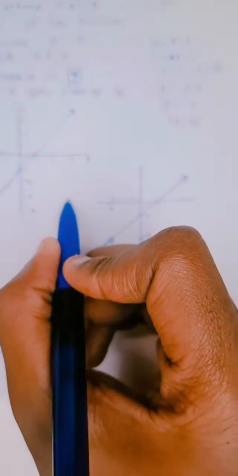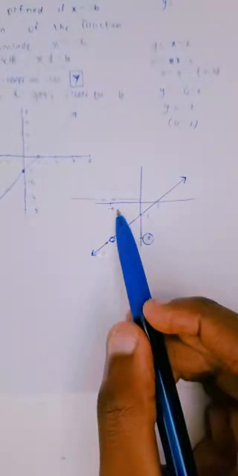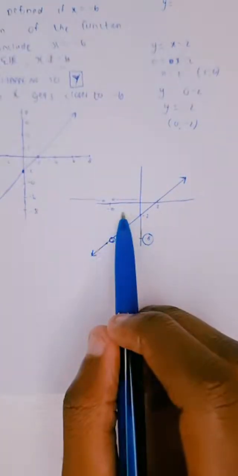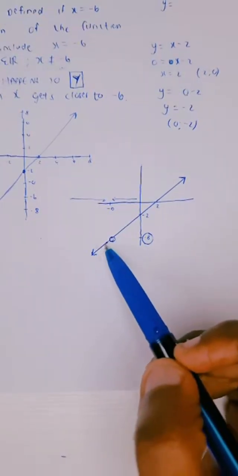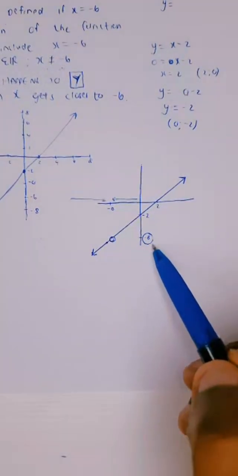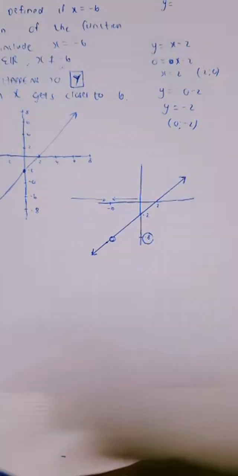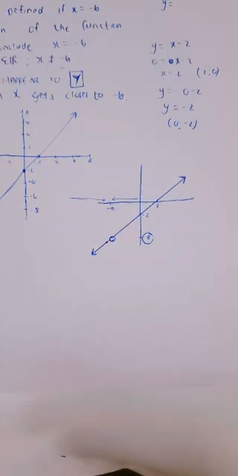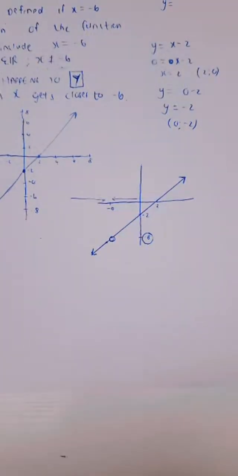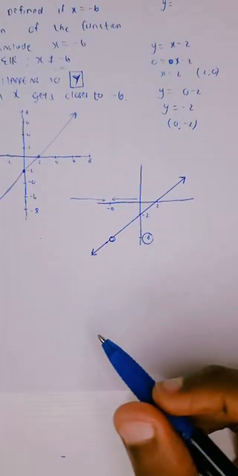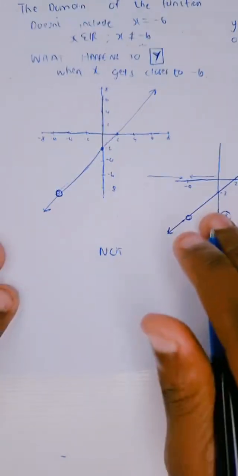And as x gets closer and closer to negative 6 from the left, the y value approaches which value of y? Negative 8. To represent this phenomenon in words, we introduce a notation.